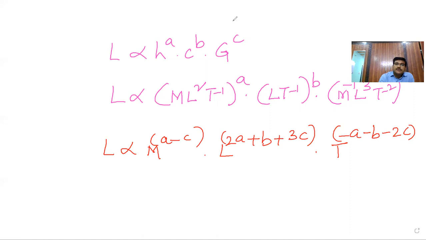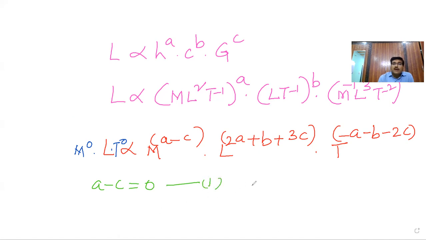Now observe here, on the right hand side you have M, L, T. On the left hand side you do not have M, nothing is M means M to the power of 0. Nothing is T means T to the power of 0. So equating the powers of mass, length, and time on both sides: for mass, A minus C is equal to 0, this is equation number 1.